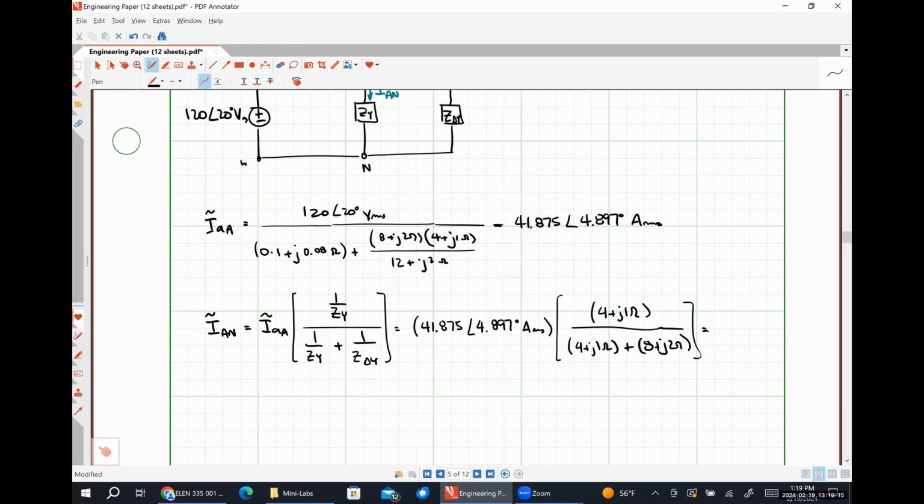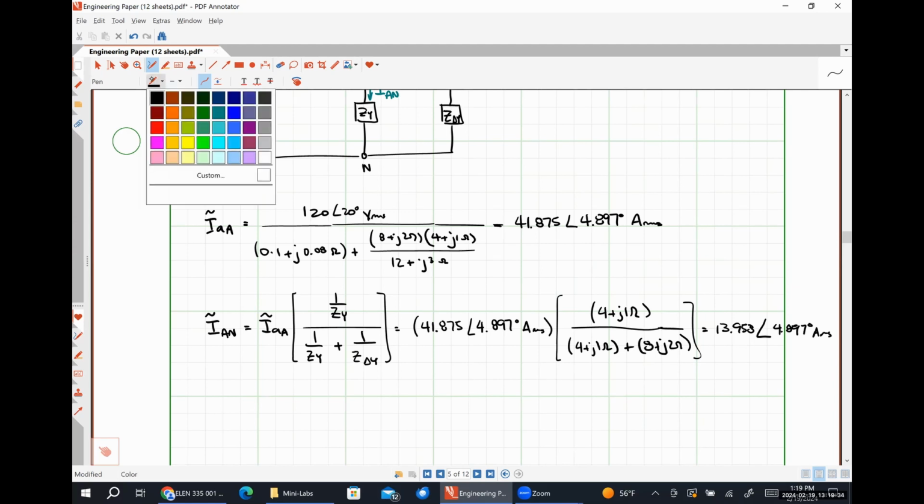And this is going to come out to be 13.958 with an angle of 4.897 degrees amps RMS.